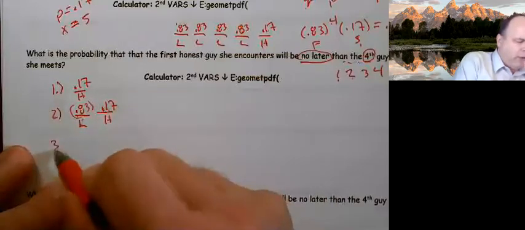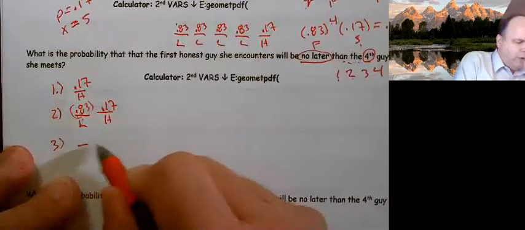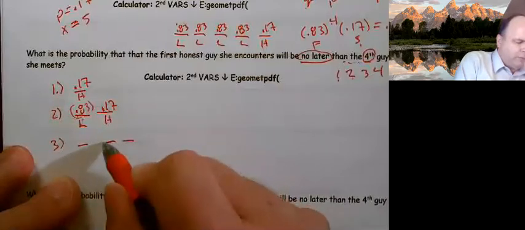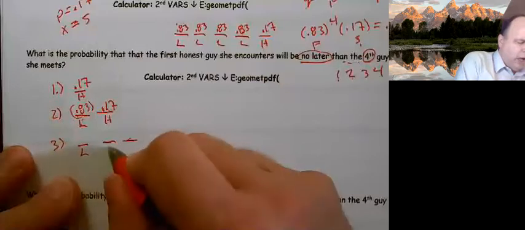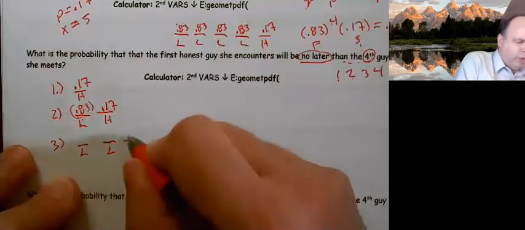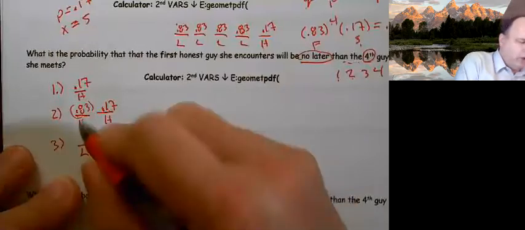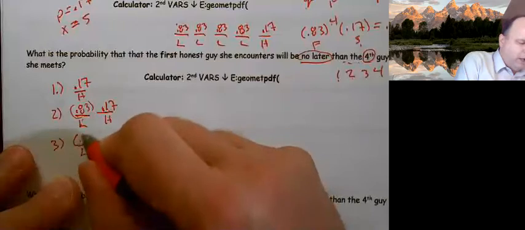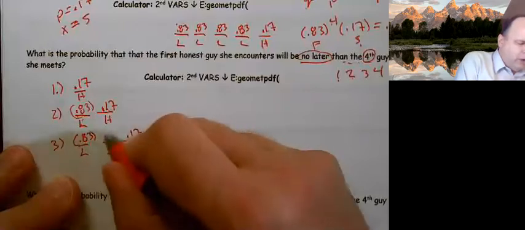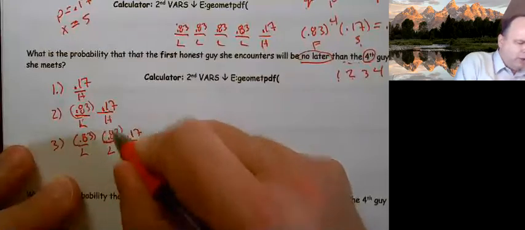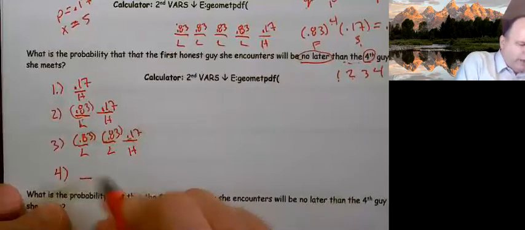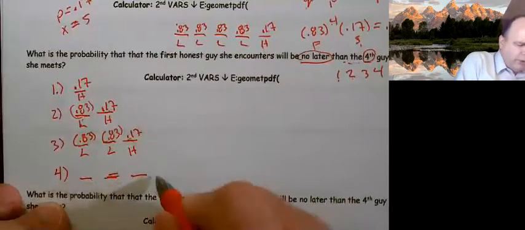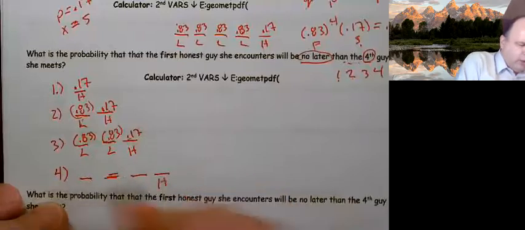Then we're going to have the third one. So we're going to have 1, 2, 3. And this is going to be a liar, liar, then honest. So this is 0.17. So this right here is 0.83, 0.83. And number 4, we're going to have 3 liars and then 1 honest guy.